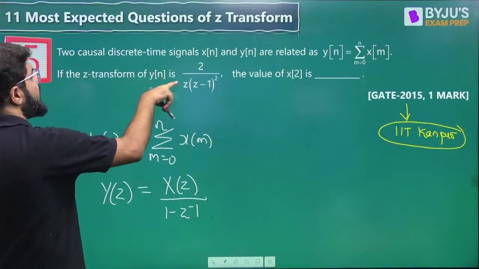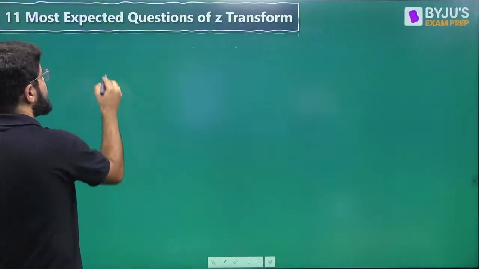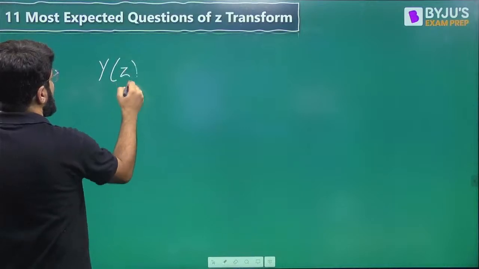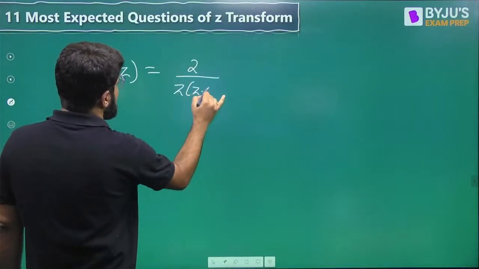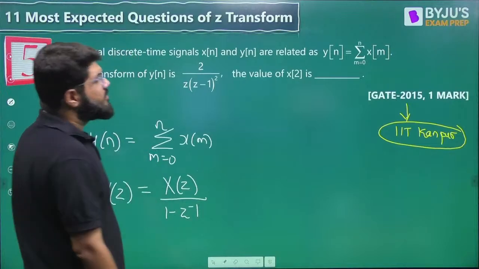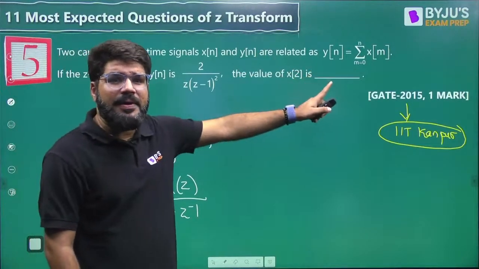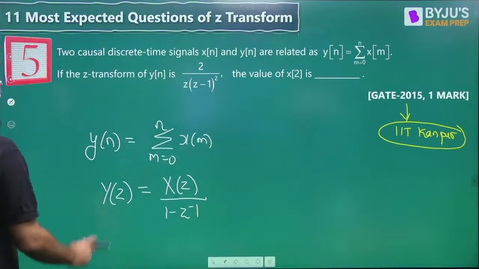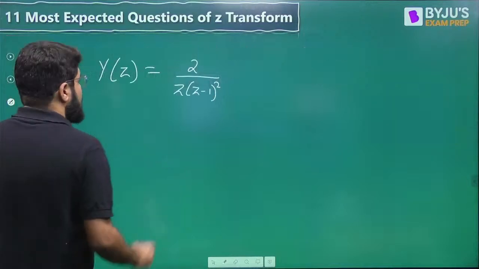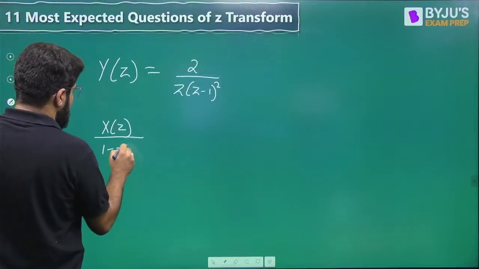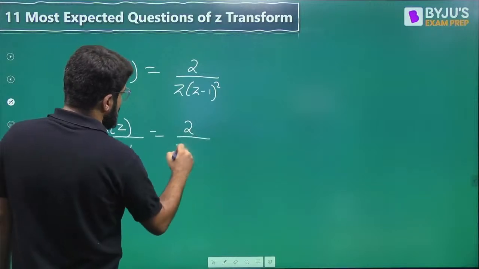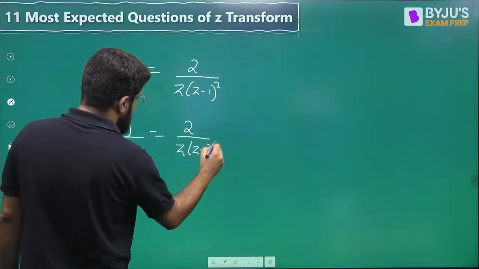Now if the Z transform of yn is given, Y(z) is 2 upon z minus 1 whole square. Then what is the value of x[2]? First I have to find xn. So Y(z) is X(z) upon 1 minus z inverse, equal to 2 by z minus 1 whole square.